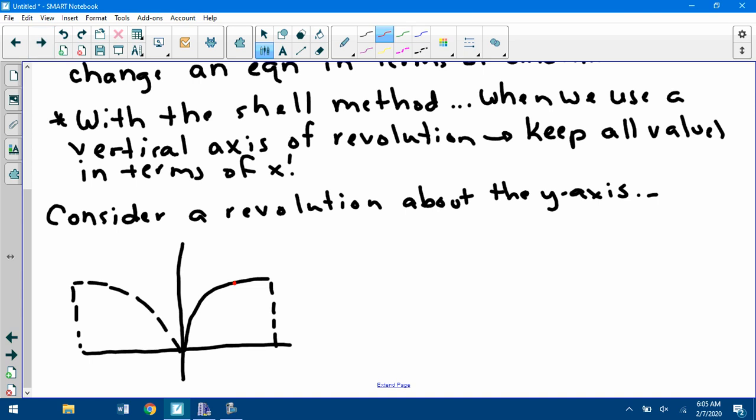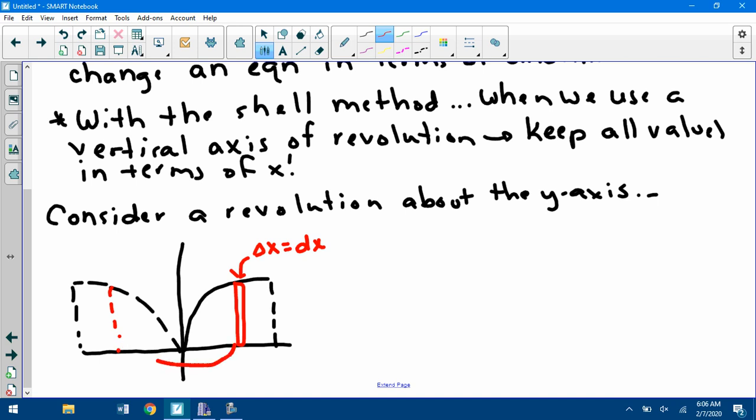So now I'm going to use a vertical rectangle. That's a left and right distance, a change in x, or a dx. If you can picture this, I'm revolving around the y-axis still. It's hard to show you on a computer here, but if I take that rectangle between my two fingers, pull it out around the y-axis and go around, eventually it would end up over here.